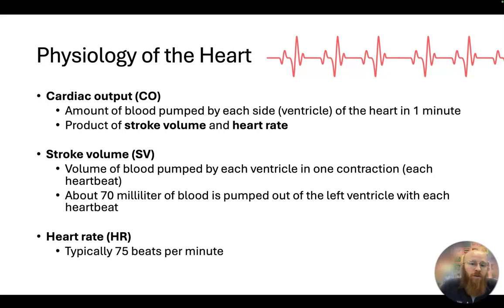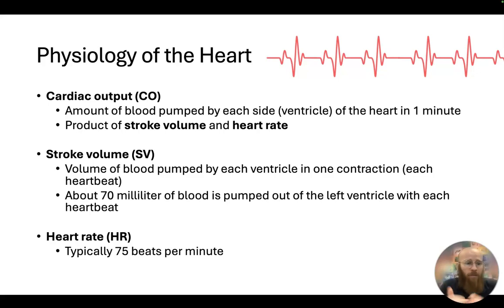And then also, remember, cardiac output is over the course of a minute. So in order to know how much we're producing in a minute, we have to know how many times our heart actually strokes or beats. And so we also have to factor in our heart rate. Heart rate is typically 75 beats per minute, but our cardiac output is constantly going to be fluctuating unless we're in a stable state of rest or a steady state in physical activity.